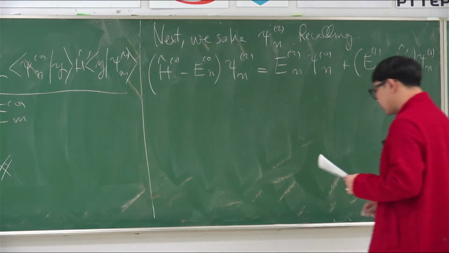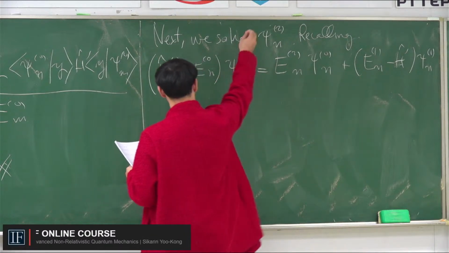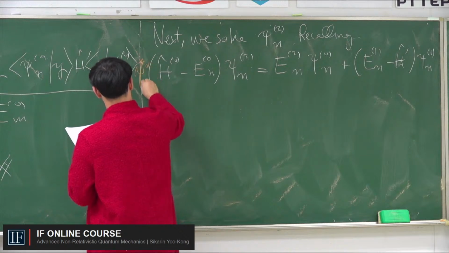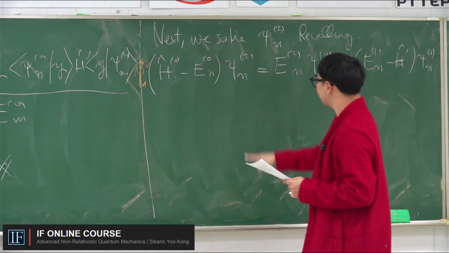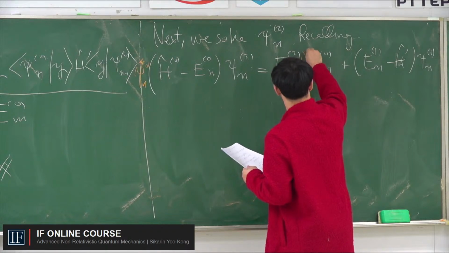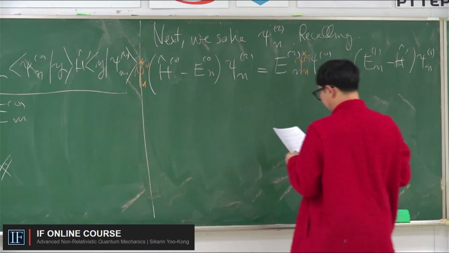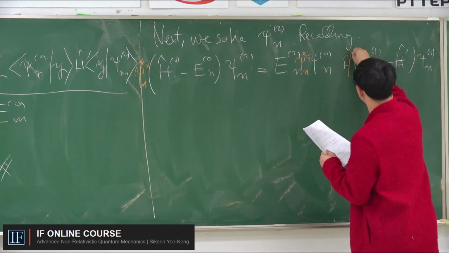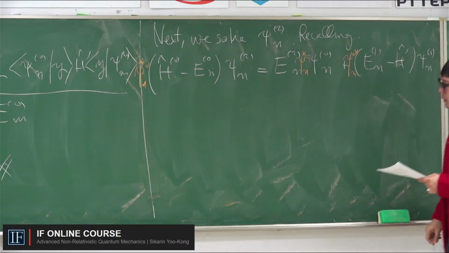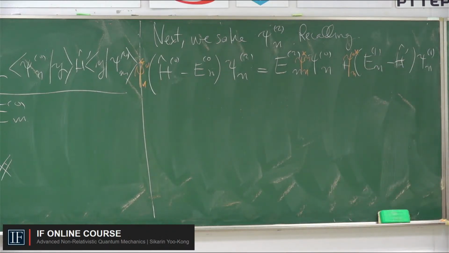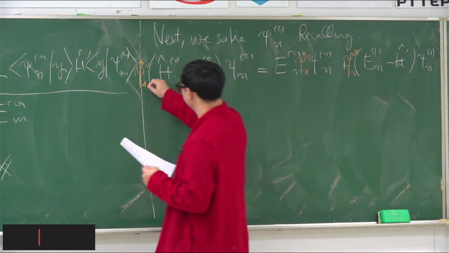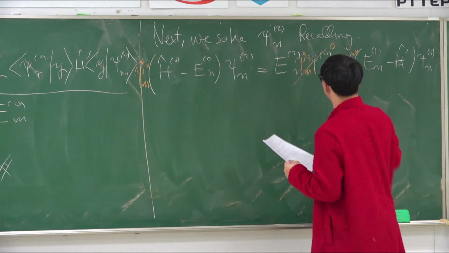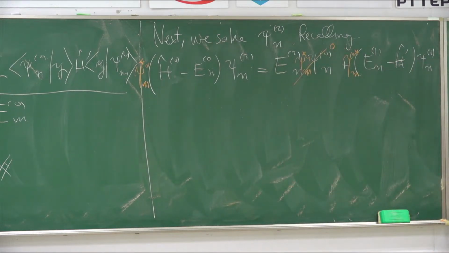So what I'm going to do is that I'm going to multiply this function from the left-hand side. So I'm going to have this, okay, and so here I'm going to have this, in this way. It should be M. Sorry, M. So this orthogonality, this goes away.